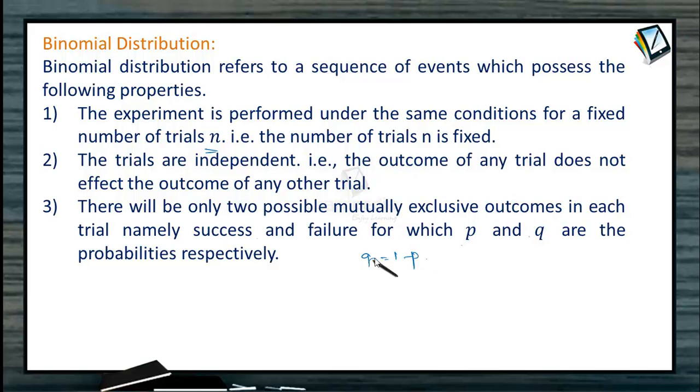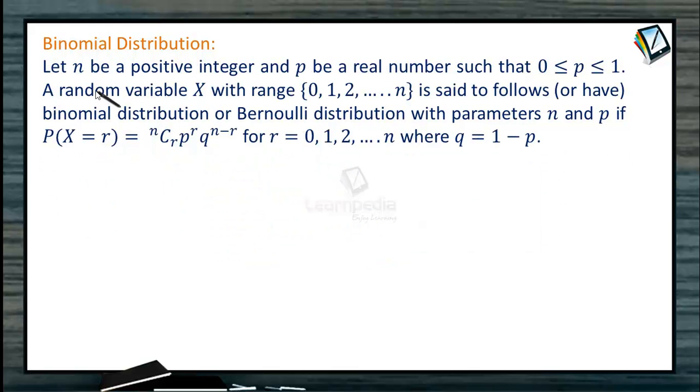Then if a random experiment satisfies these 3 conditions, that the number of repetitions is fixed and finite, that each repetition trial is independent of the others, and the final outcomes are measured only with respect to 2 outcomes, either success or failure, then the binomial distribution is the probability of X equal to r, where r successes are to be denoted.